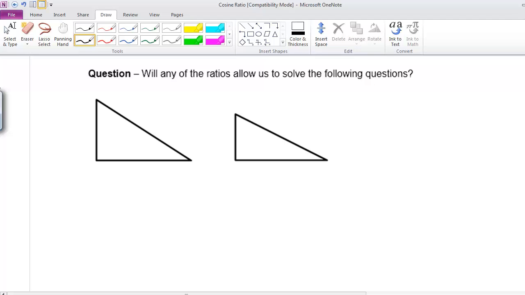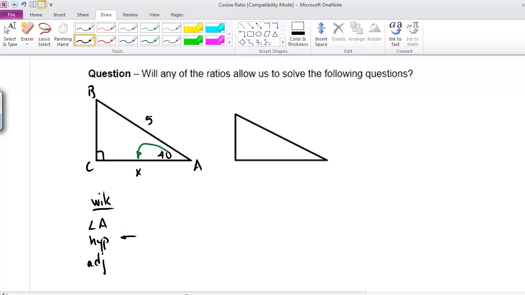Okay, so will any of these ratios, the tangent or sine ratio, allow us to solve these 2 questions? Angle 40, side 5, x. So what do I know? Well, I know angle A. I know the hypotenuse, and I want to know that side right there, which relative to angle A is not the opposite side, it's the adjacent side.